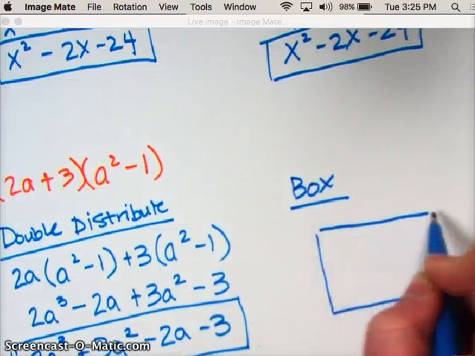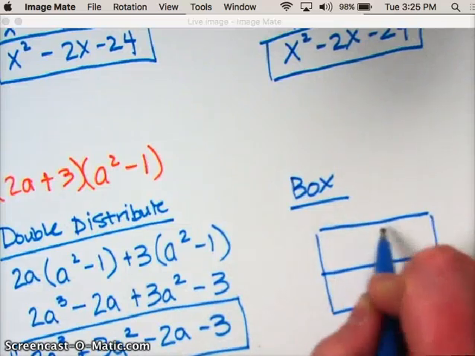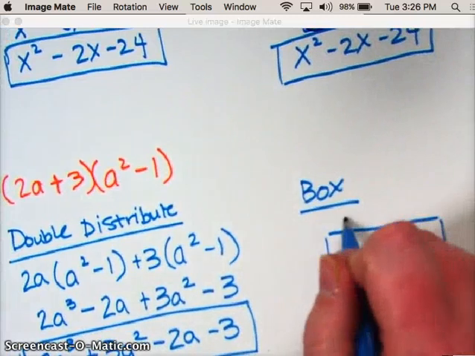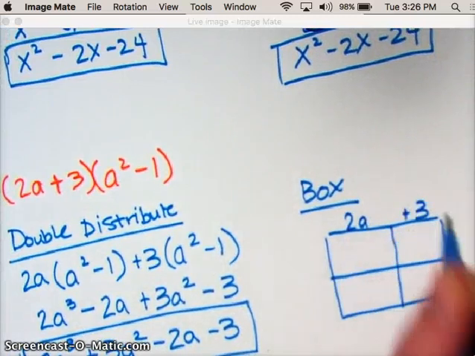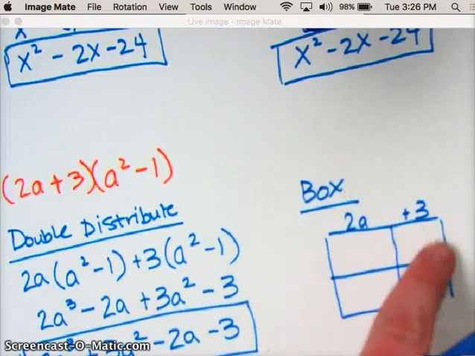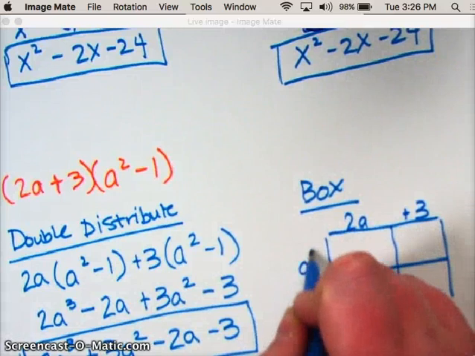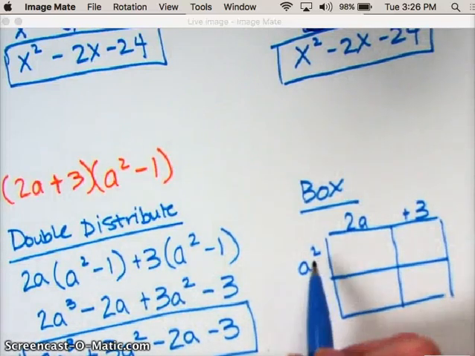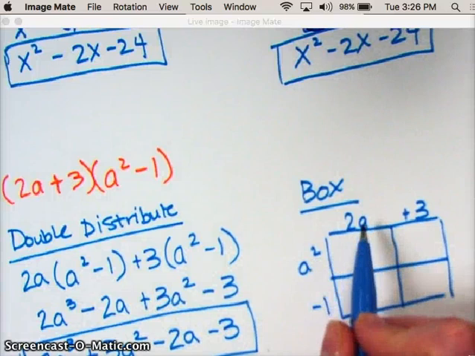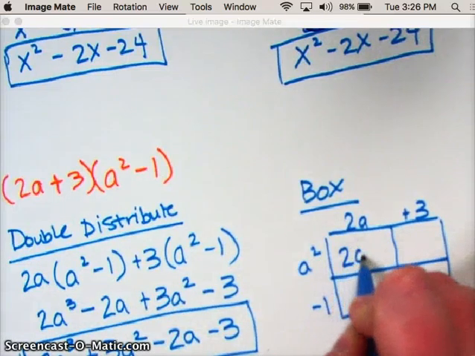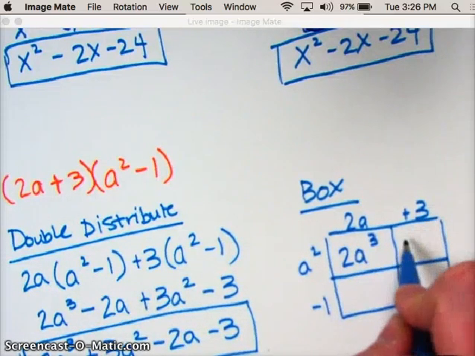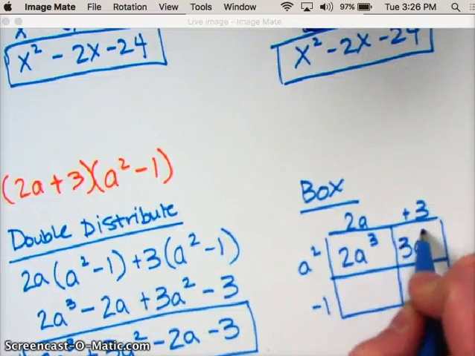Since it's a binomial times a binomial, our grid will be 2 by 2. 2a and 3 will represent the columns, and then a squared and negative 1 will represent the rows. So 2a times a squared is 2a cubed. A squared times 3 is 3a squared.